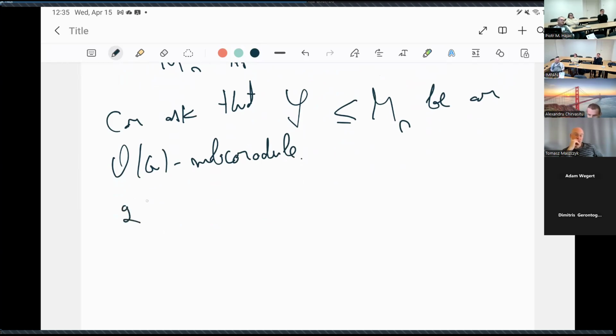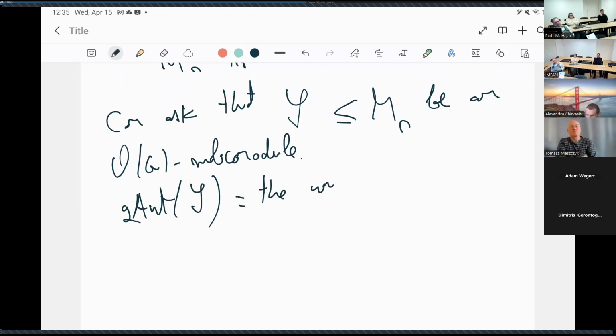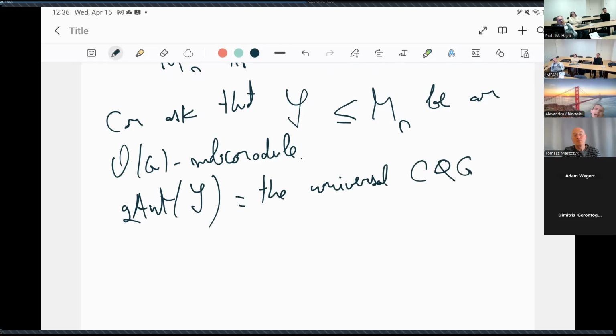We have the quantum automorphism group of S, the universal CQG. Is it clear that it exists? Oh, yeah, absolutely. Because you already have the universal one acting on Mn.